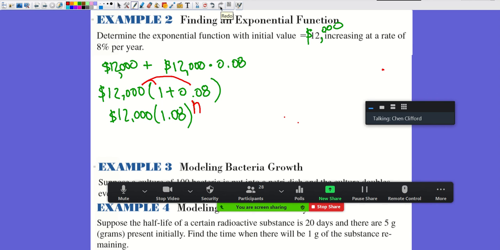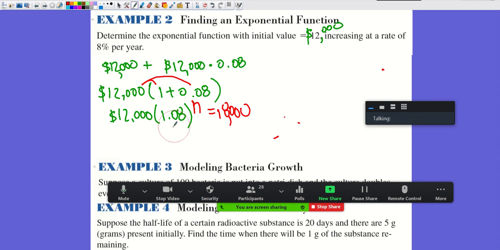How long will that take? Well, then I'm going to set this equal to 18,000 and solve backwards for n. We've done that before with the problem types. Basically, divide both sides by 12,000, and you will get 1.5.